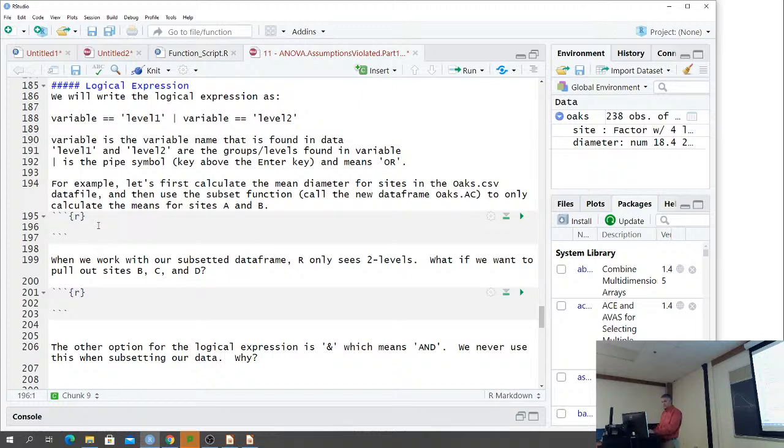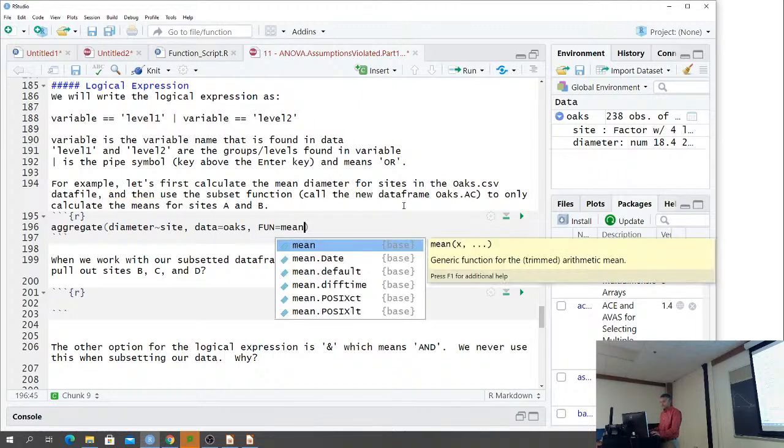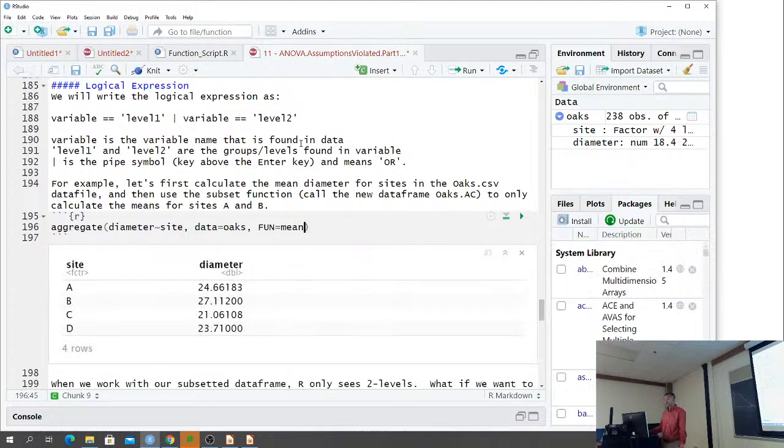All right. So what we're going to do first is we're going to calculate the mean of the diameter so we can see what we get. So aggregate, we're going to do diameter as a function of site, data is oaks, and function is mean. And this is going to return all 4 sites.